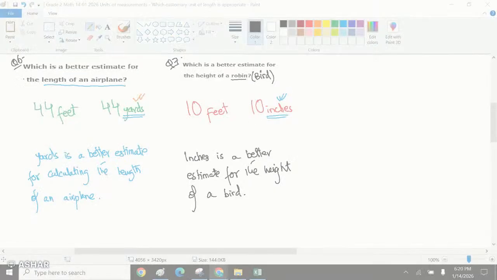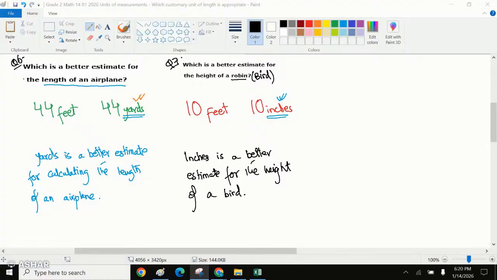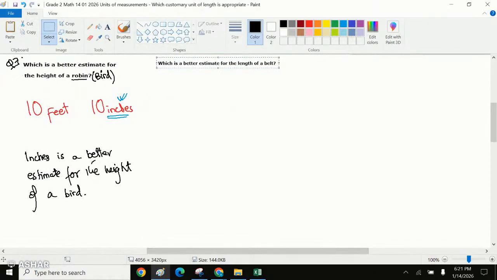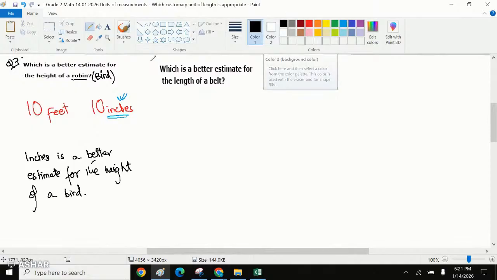So, we can have different kinds of belts. The next question says, which is a better estimate for the length of a belt? We can have a taekwondo belt, we can have a leather belt or anything, right? We're just looking at different options, right? So we know that a belt must be worn around the waist, right?